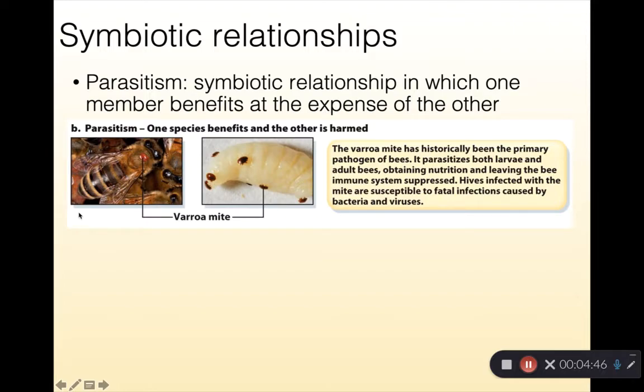The example in your book that's given for parasitism is the varroa mite on honeybee populations. It parasitizes both the larvae and the adult bees, and it obtains nutrition and leaves the bees with a suppressed immune system. So again, one creature is benefiting while the other is having its resources taken away.